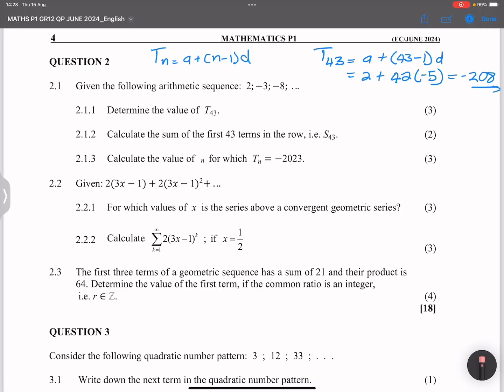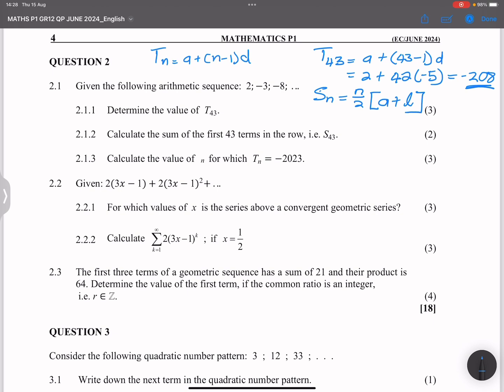They say to us, calculate the sum of the first 43 terms in the row, that is S43. Now that we've got term number 43, please remember, for arithmetic sequences, Sn is equal to n over 2 into a plus l.